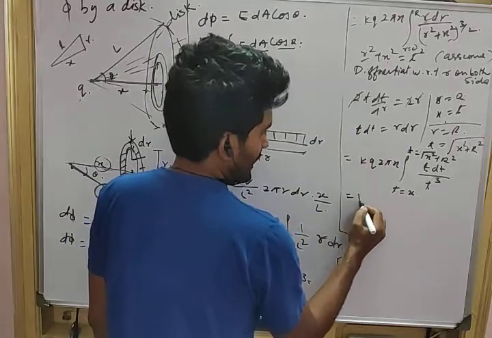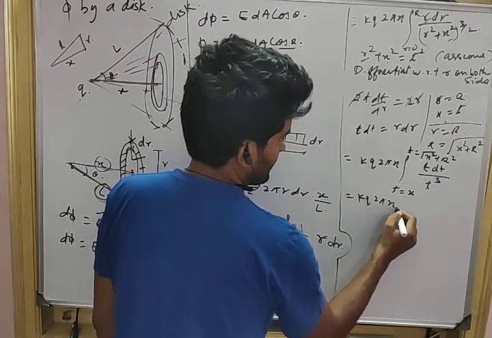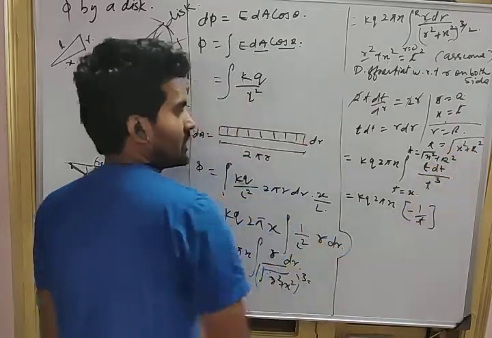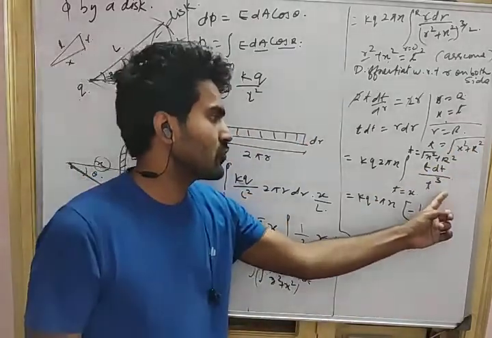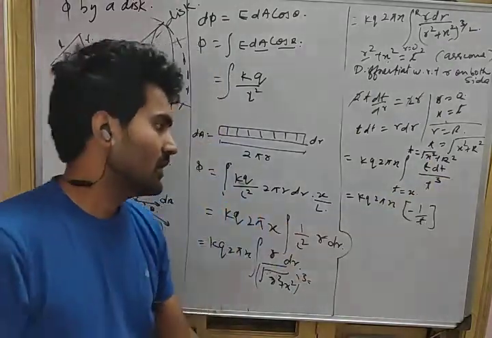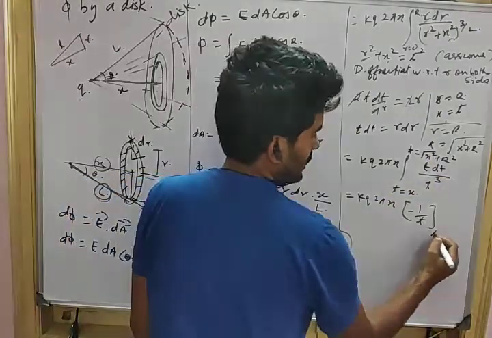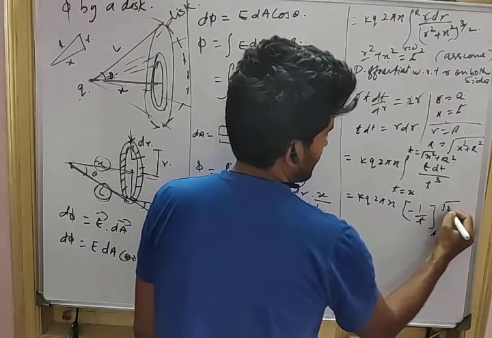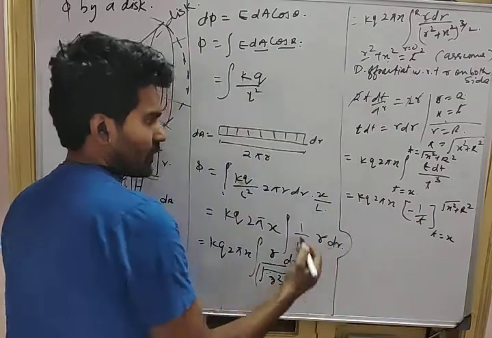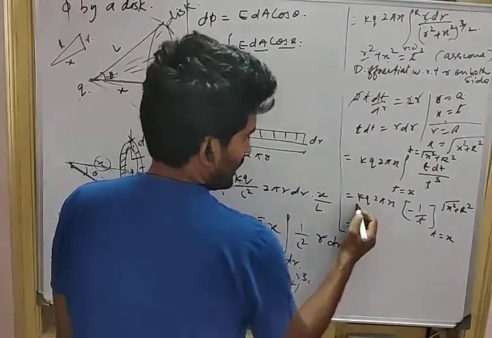Now we solve it, k q 2 pi x, so it will be minus 1 upon t. The integration of this will be, t will be cancelled, this is dt by t square. So limits from t equal to x to under root x square plus r square, right? Solve it, and what is k?